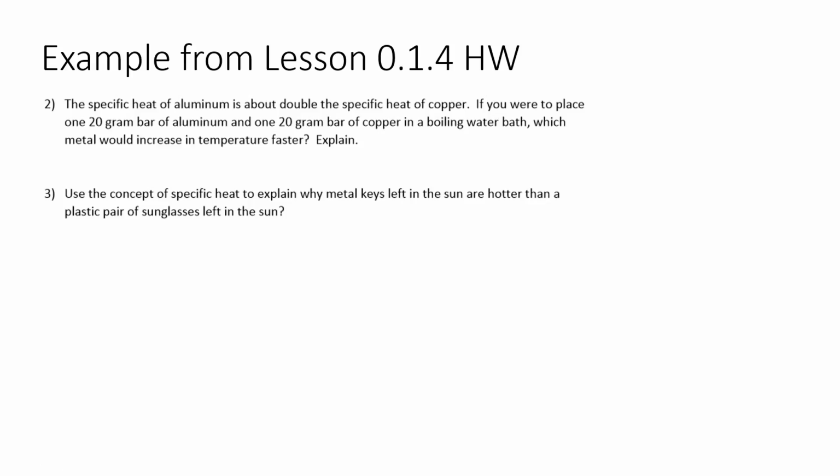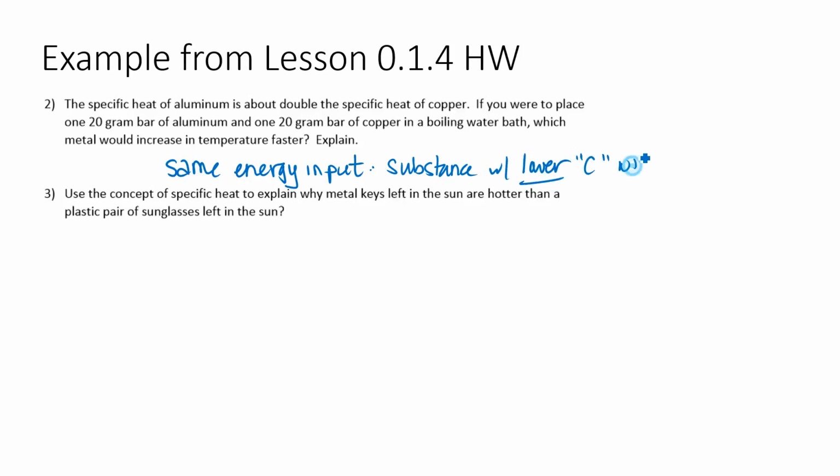Here's some more examples from lesson 4 homework. Specific heat of aluminum is double that of copper. If you place both of them in a boiling water bath, which would increase in temperature faster? So this is an example where we're thinking about applying the same amount of energy to both samples. So when you have the same energy input, the substance with the lower specific heat will have a larger temperature change.